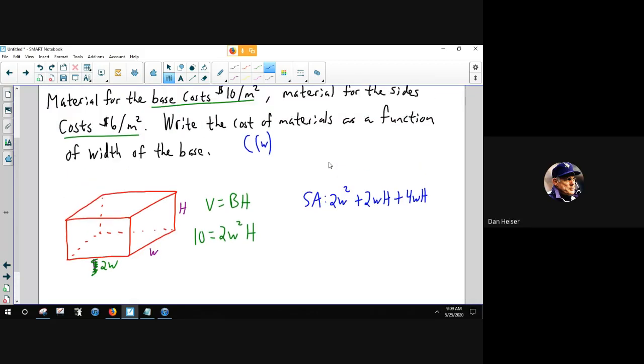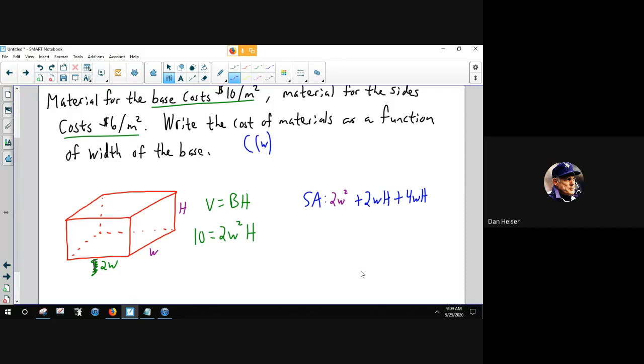And I'm going to do this in a different color. Do this one in purple. Reason is that our base, materials for the floor, materials for the base, has a different cost than the sides. So I want to do this in a different color to remind myself that it's a different cost.